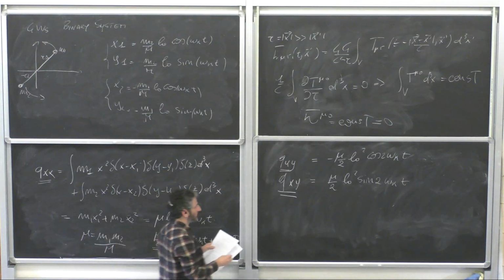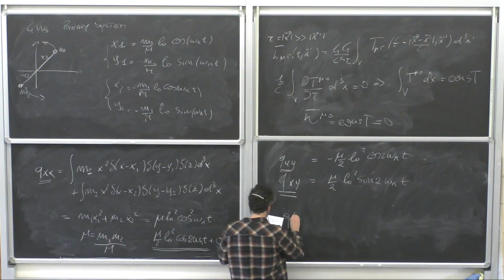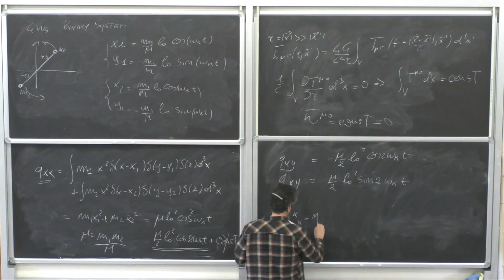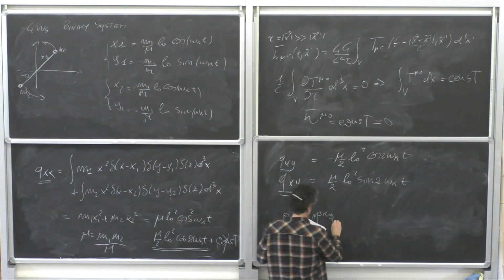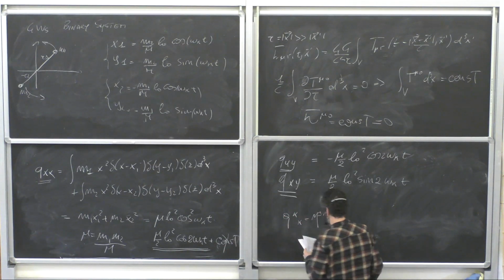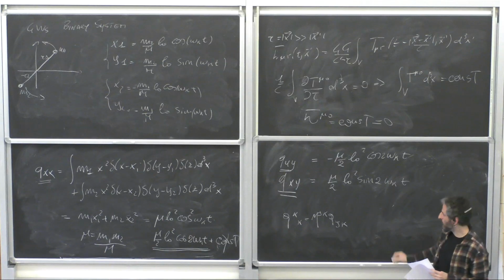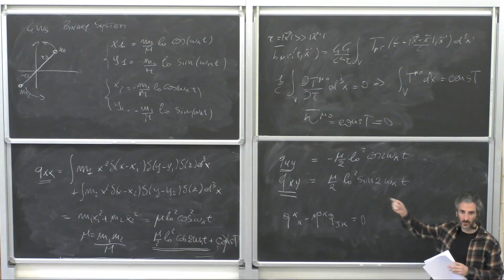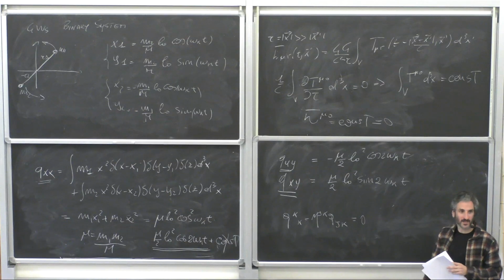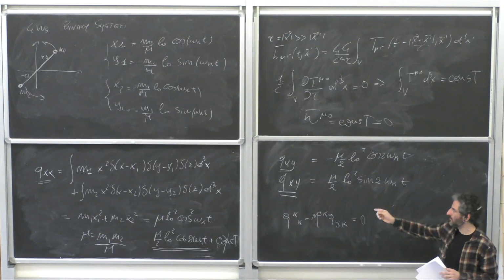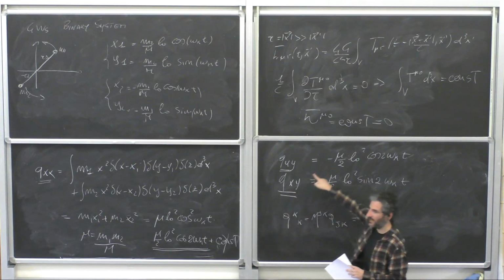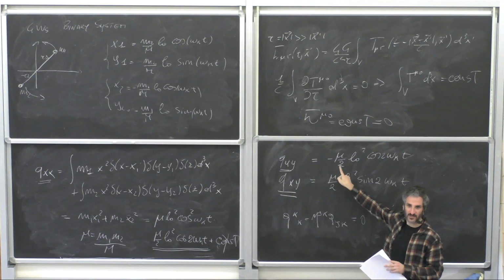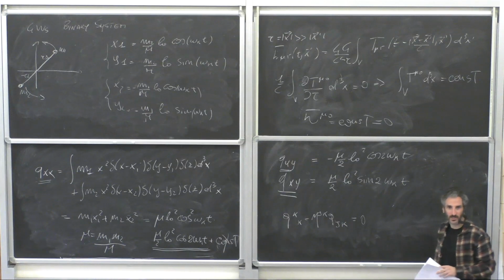Also note that if you compute QKK, the trace of the quadrupole tensor, it will be zero. The trace will be QXX plus QYY plus Qzz. Qzz is zero. These are the only non-vanishing components, and the XX and the YY components are the same with the sign inverted.